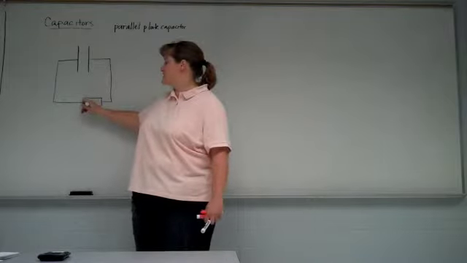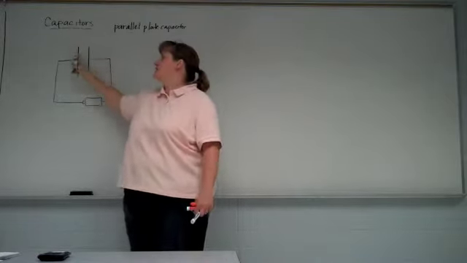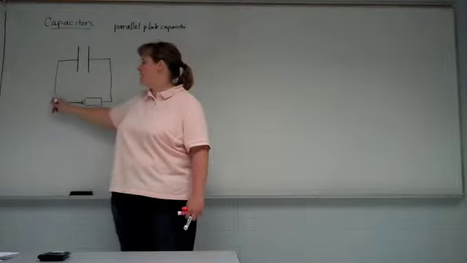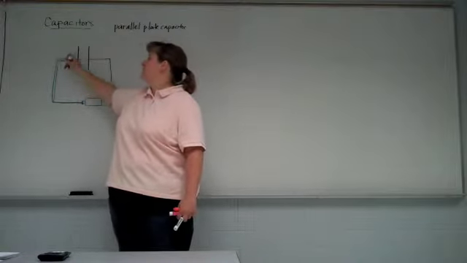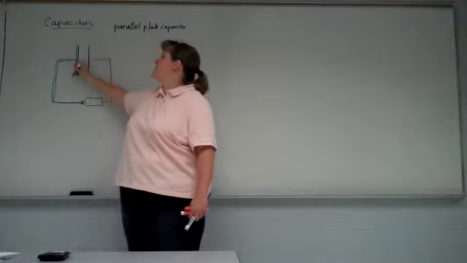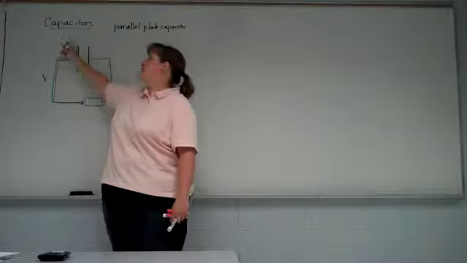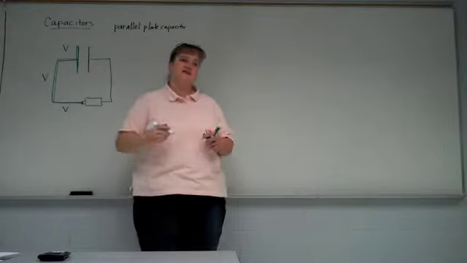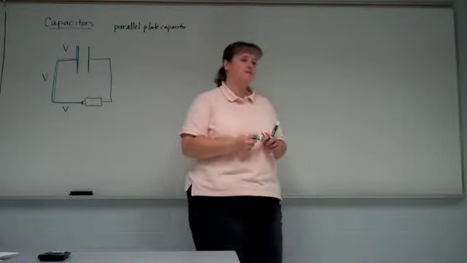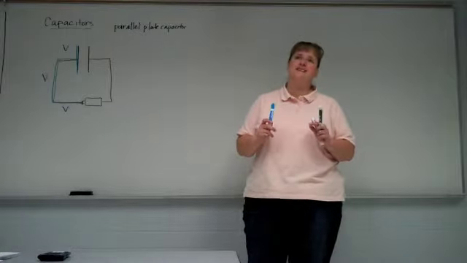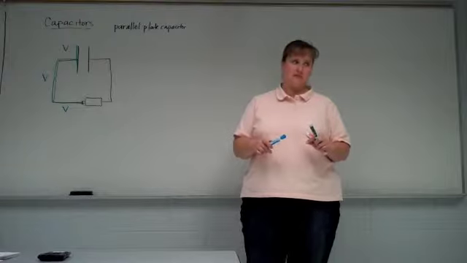So for example, since the wire is a conductor and the plates of the capacitor are conductors, the charges are going to move until this end of the battery, the wire connected to it, and this end of the capacitor all have the same potential. So V on this left-hand side has to be a constant value once equilibrium has been reached.